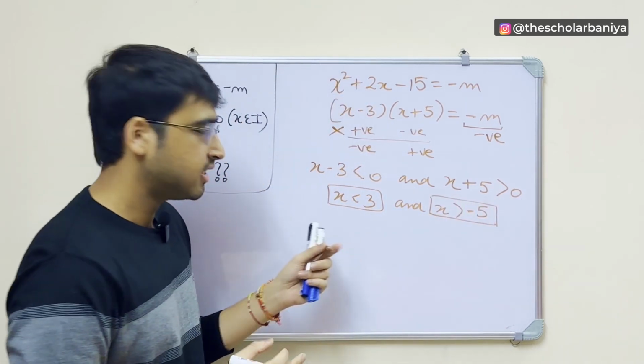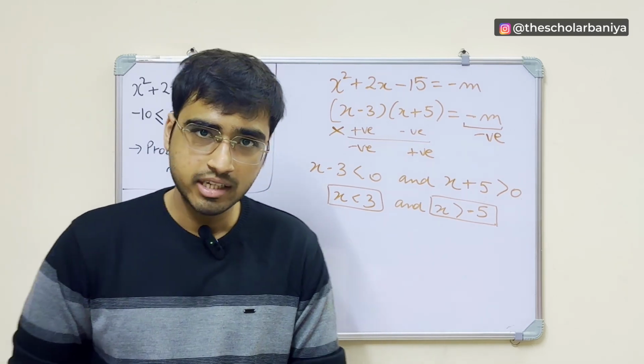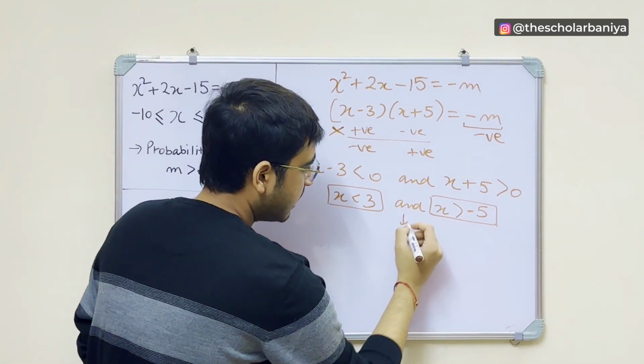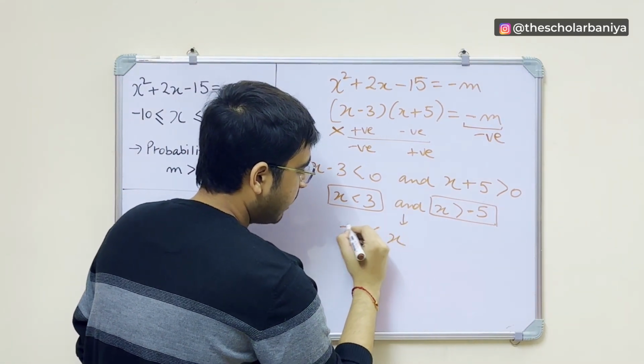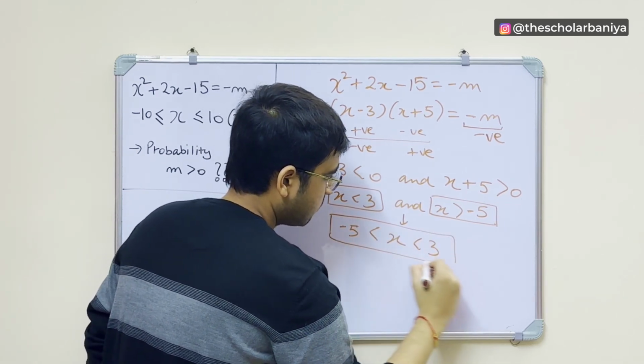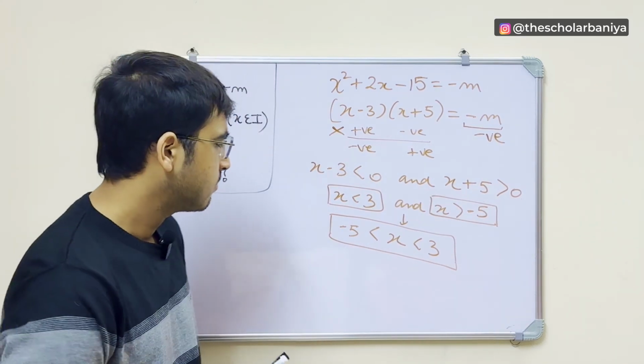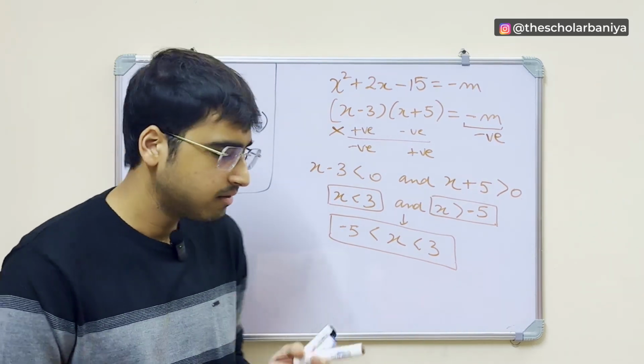This is completely fine. So we can write this as x is greater than minus 5 and less than 3. This should be completely fine, right?